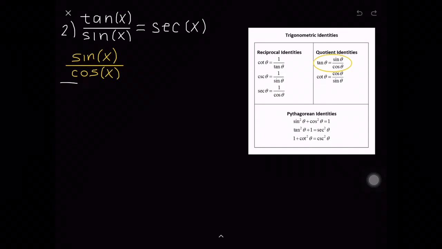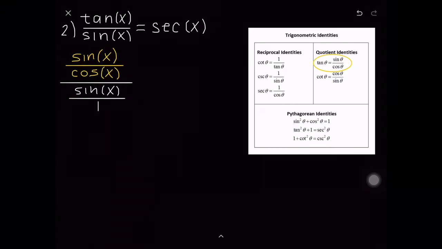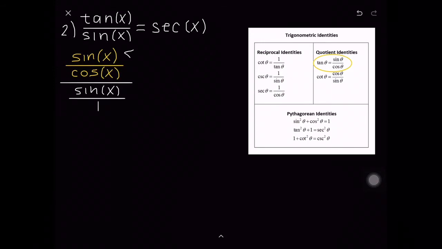And then we're just going to write sine of x as sine of x over 1, dividing sine of x over cosine of x. As you see, we have another huge division that we can solve using the sandwich rule.